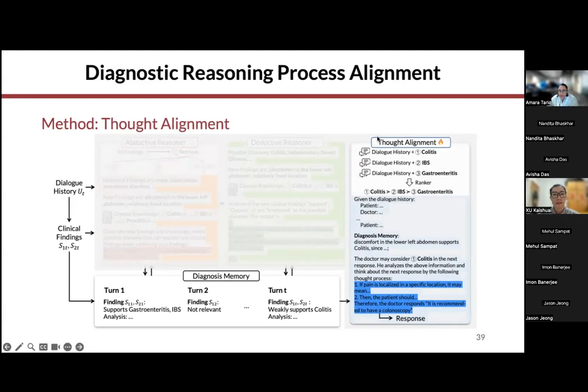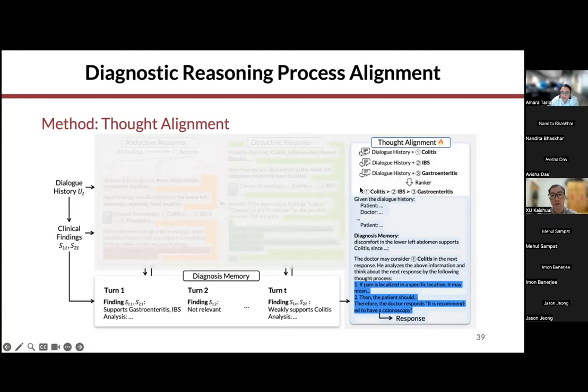Then we turn to the thought alignment, which is the most important part of our framework. Given the diagnosis results, which are several diseases, we use a ranker to adjust the order of the diseases that will be considered in the following responses.